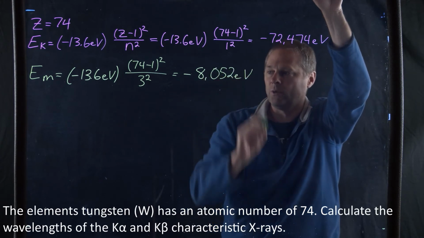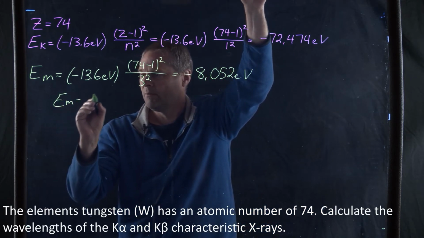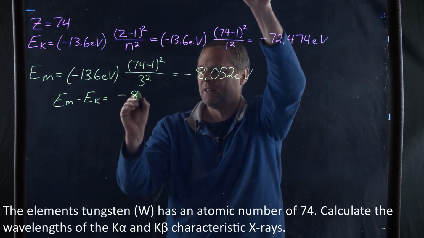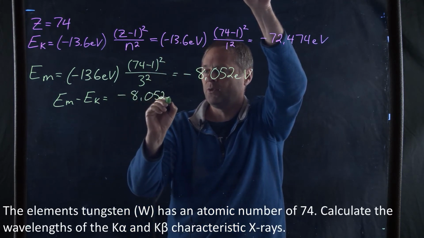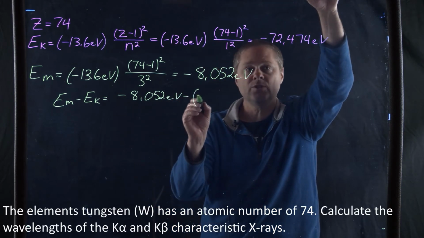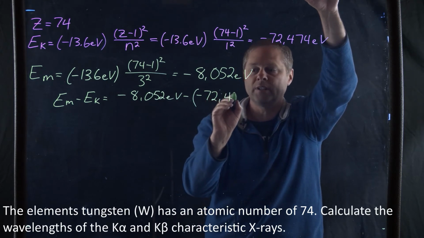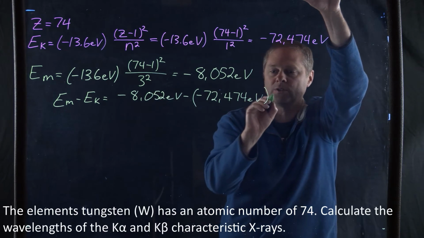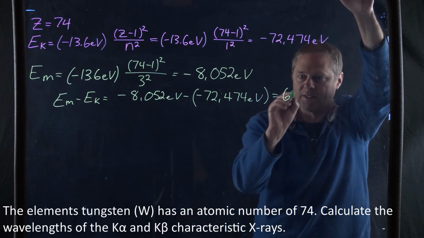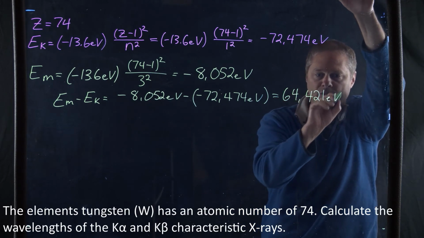And this gives us a negative 8,052 electron volts. We're going to take EM minus EK, which is negative 8,052 electron volts minus the EK line, which is a negative 72,474 electron volts. That is equal to 64,421 electron volts.